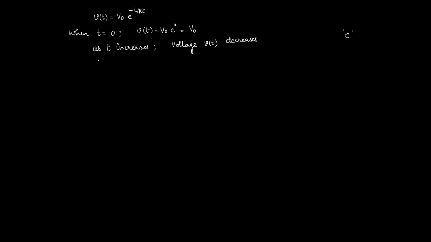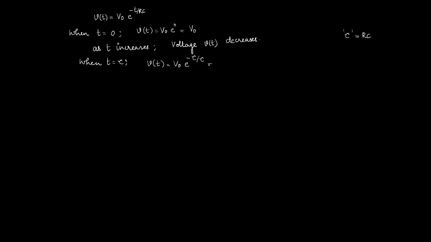So let us see, when t is equal to tau, that is the time constant, we have v of t equal to v naught e power minus tau by tau, since this time constant is equal to RC, and I can substitute in place of RC as tau.